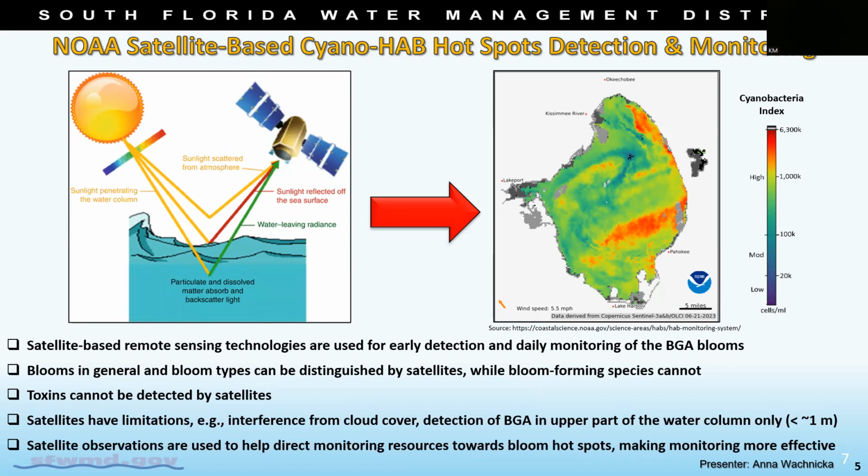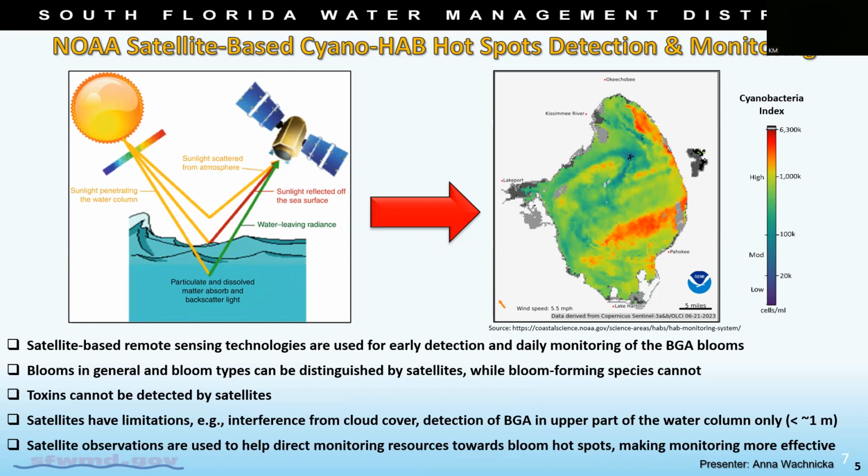We can distinguish cyanobacteria from algae in general: all algae and cyanobacteria have chlorophyll a pigment, but cyanobacteria also have phycocyanin pigment, so they absorb and reflect the light differently. The satellites collect this information, and NOAA developed an algorithm to produce those maps. So we can distinguish whether what is blooming on the lake is cyanobacteria or something else, but we cannot distinguish what species is forming the bloom.